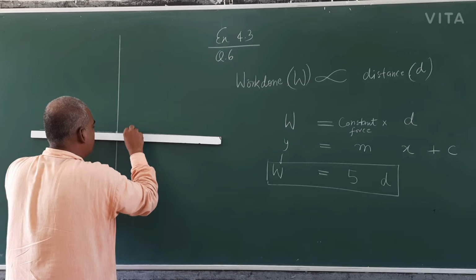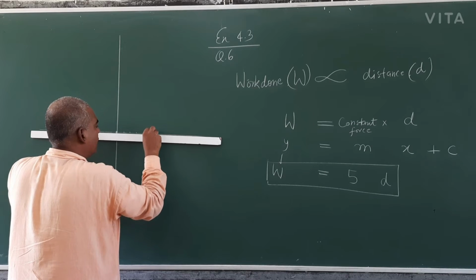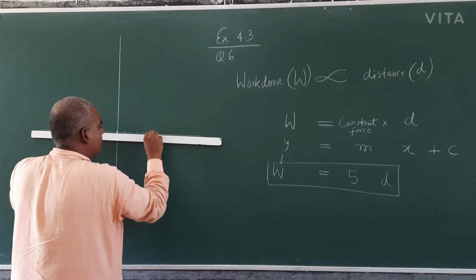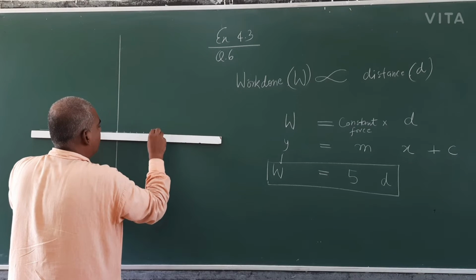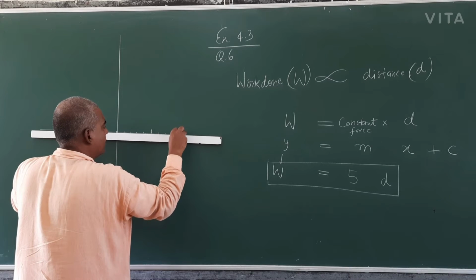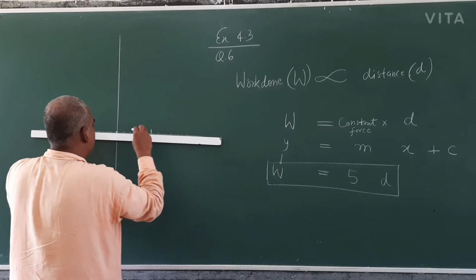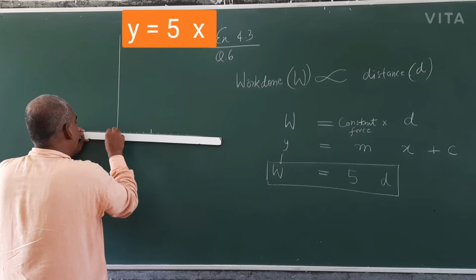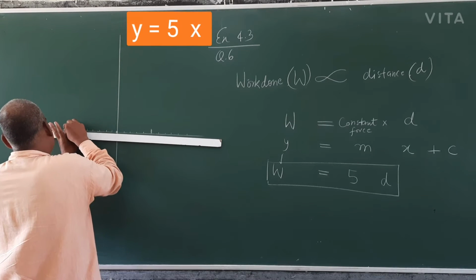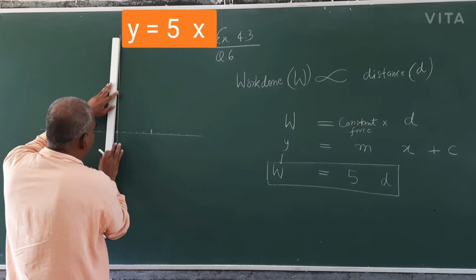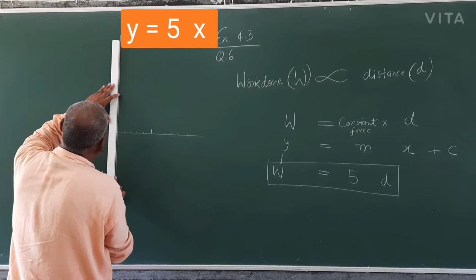This is 1, 2, 3, 4, 5. This is the 5. And 6, 7, 8, 9 and 10. Here similarly at equal distance. In your graph paper it is given, you can take 1 centimeter.